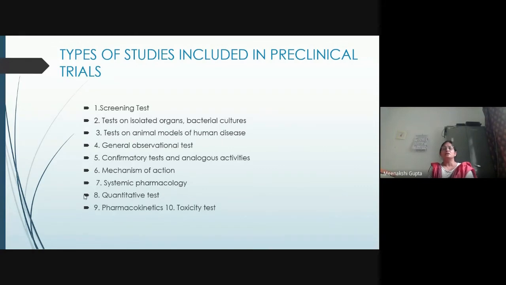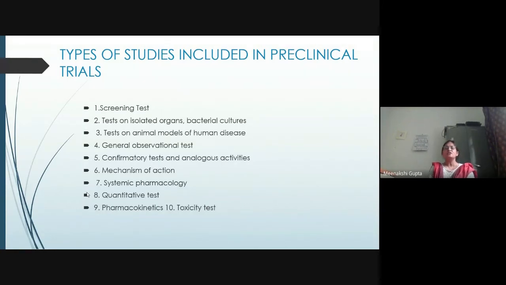The studies involved are: screening tests, tests on isolated organ and bacteria culture, tests on animal models of human disease, general observational tests, confirmatory tests and analogous activity tests, mechanism of action testing, systemic pharmacological action testing, quantitative tests, pharmacokinetic testing, and toxicity testing.